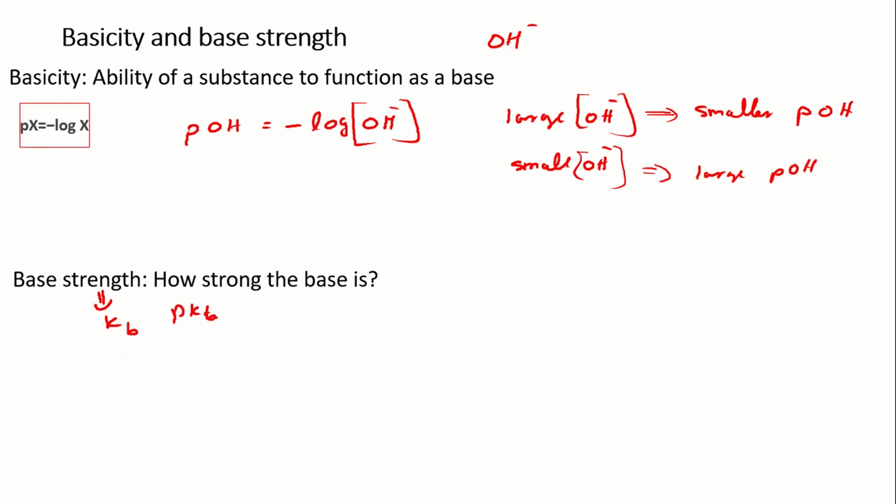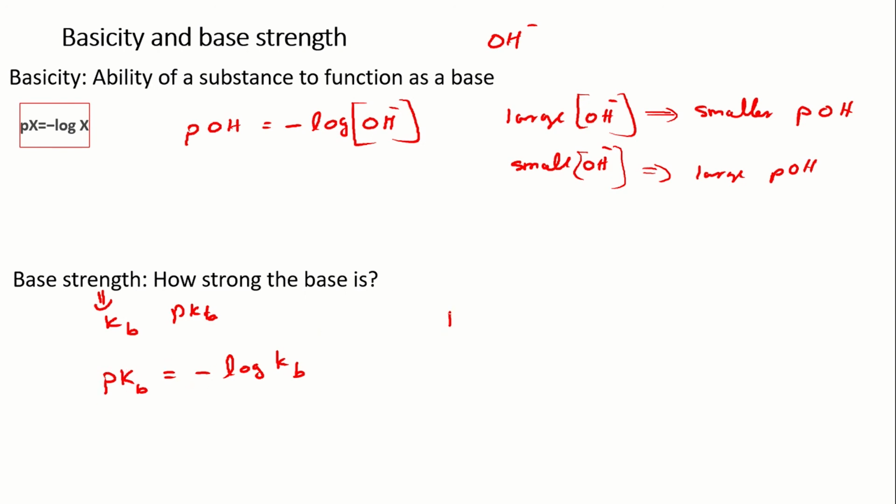Now, pKb can be written the same way you wrote pKa. That is, substitute Kb in place of X. When you write the expression like this, you get the pKb value.